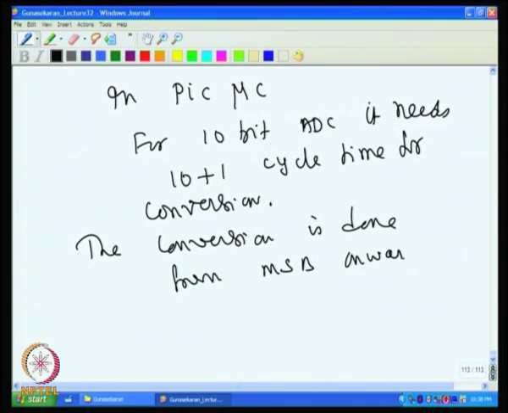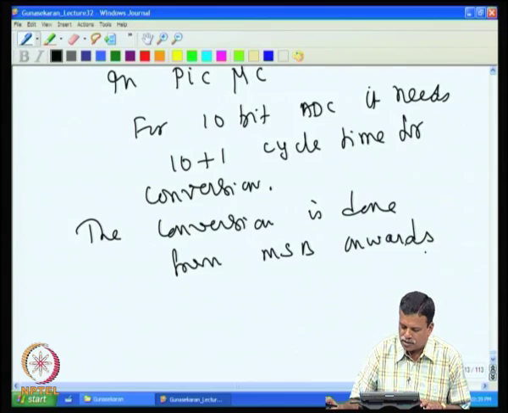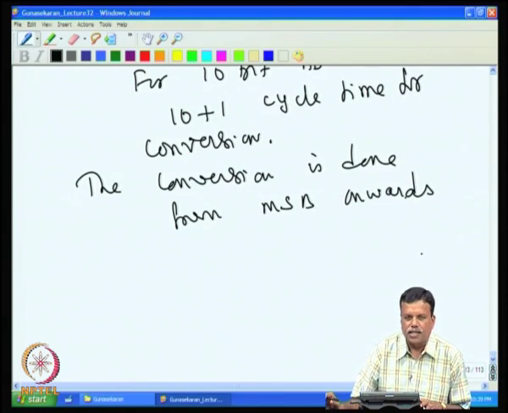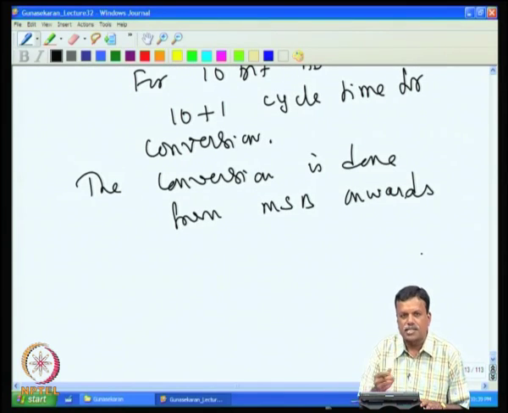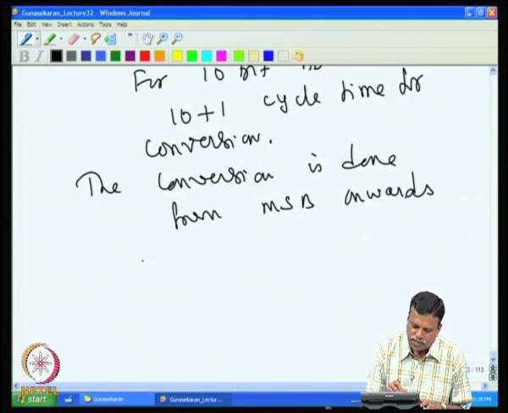So, if you leave the first cycle, then at the end of the second cycle you will have the first MSB ready, that is the higher end bit is ready.